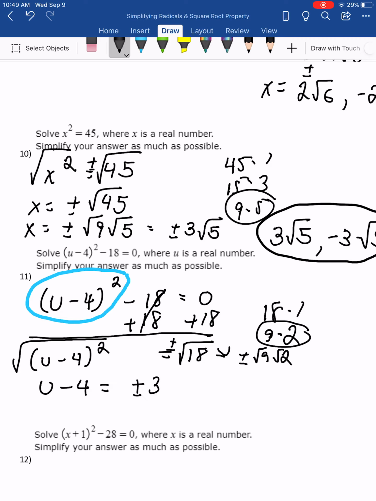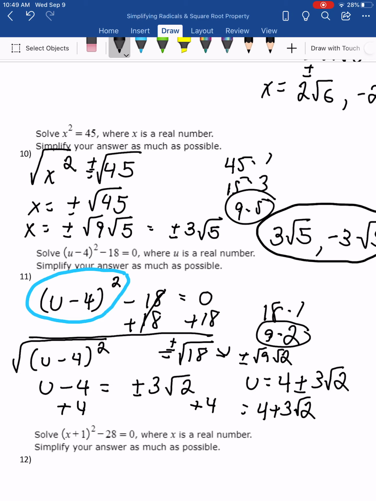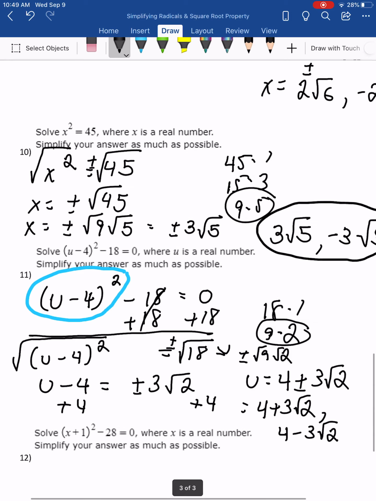So that's going to be 3 square root 2. Add 4 to both sides. So u equals 4 plus or minus 3 square root 2, which you can write as 4 plus 3 square root 2, comma, 4 minus 3 square root 2.